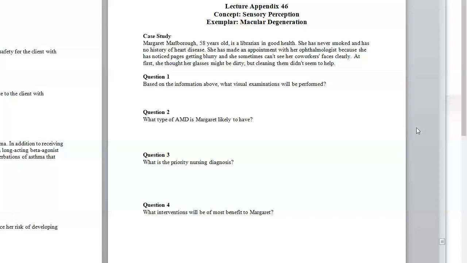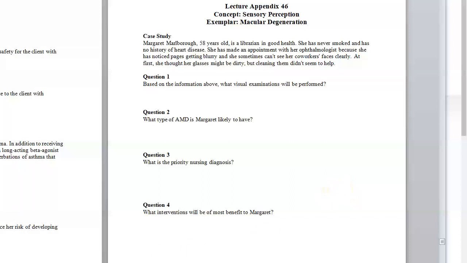And definitely, assessing to see if she's safe to drive a car. But remember, she's a librarian, so it's very important that her eyesight is pretty well intact, because she has to see to be able to look at books and offer books to people that come in or whatever.